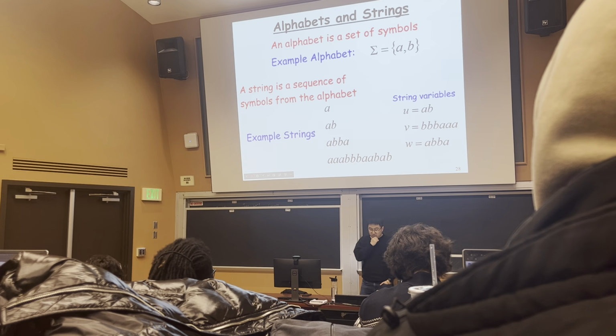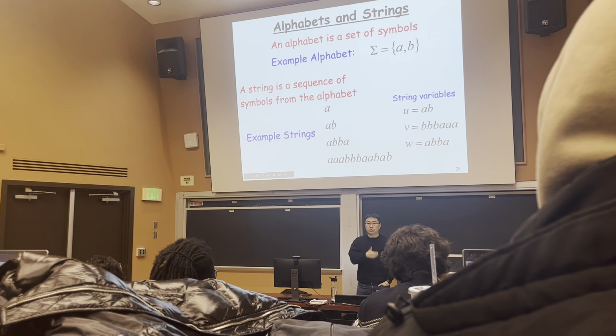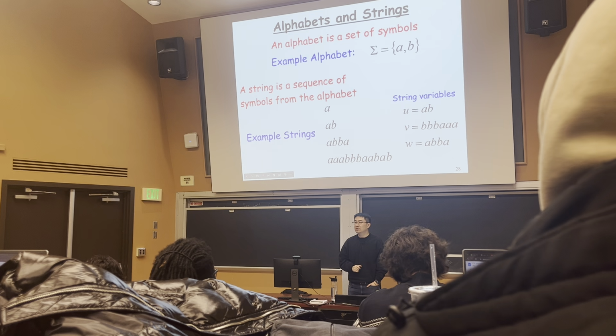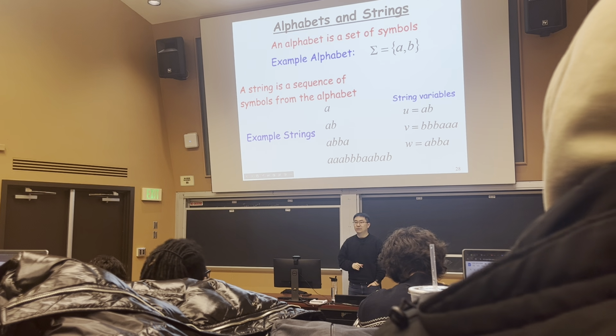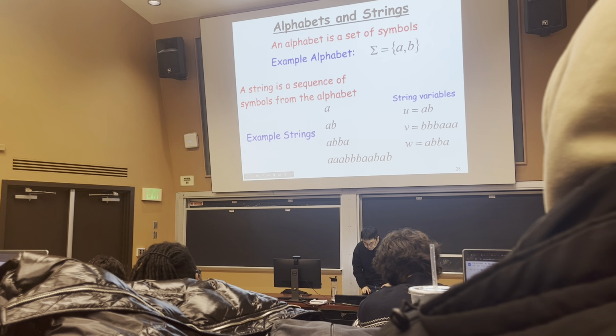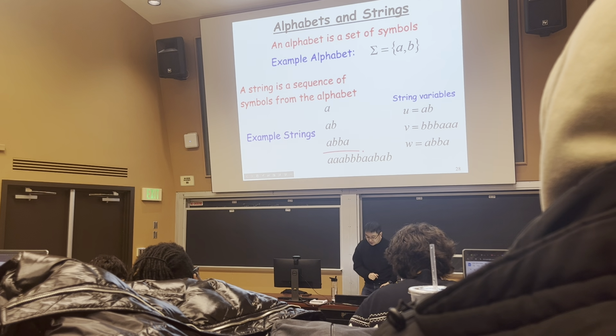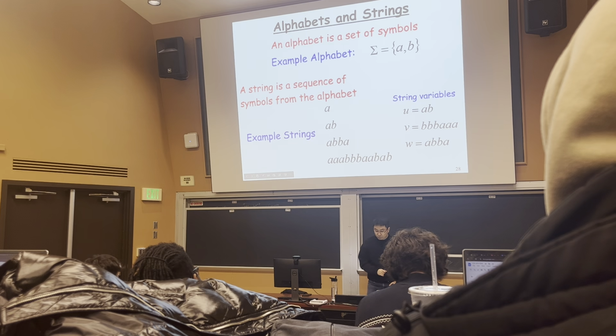An alphabet is a set of symbols. The language is a set of strings, and the string is a sequence of symbols. So again, nothing really difficult, but just get used to the new concepts. Example strings: A is a string, AB is a string, ABBA is a string.